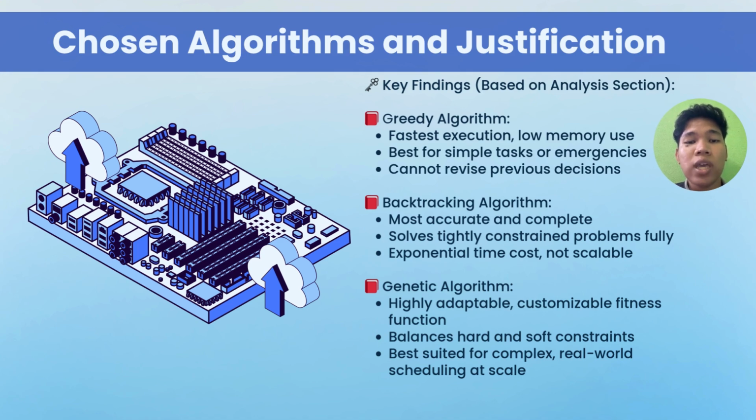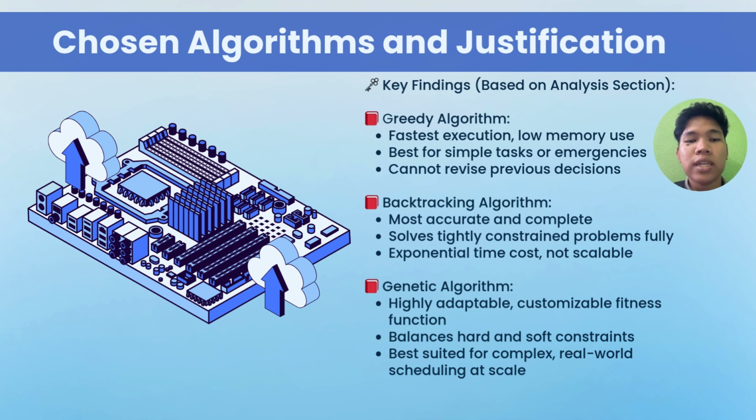And third, we have the genetic algorithm. This algorithm is inspired by natural evolution. It starts with random schedules and through generations of improvements using operations like selection, crossover, and mutation, it creates better and better timetables.